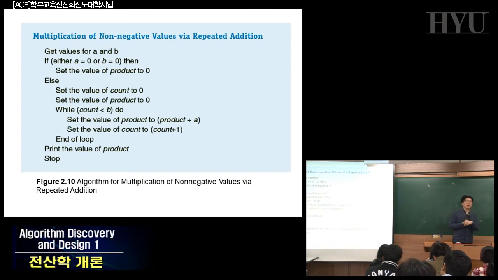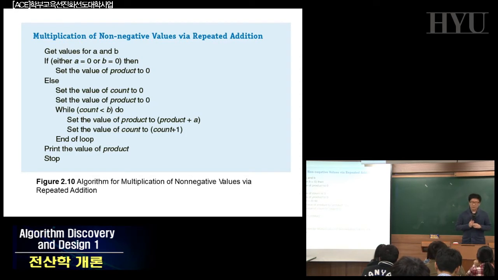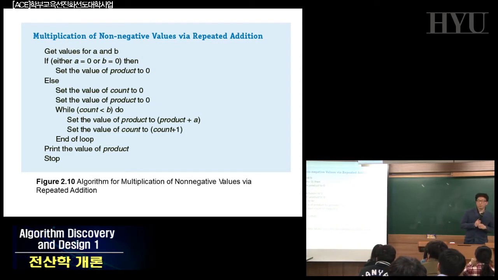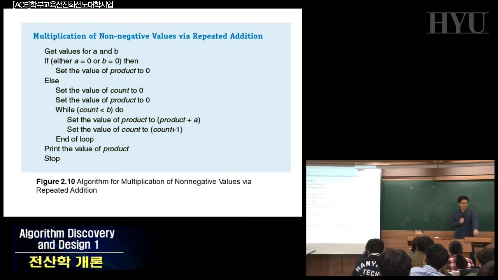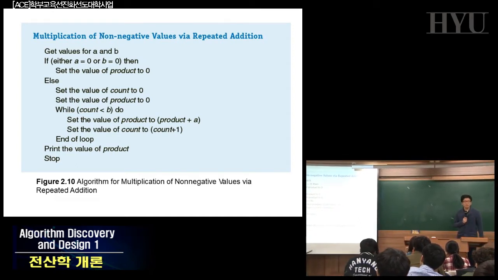In the next chapter, we're discussing that there could be many different pseudocodes or algorithms for the same problem, right? Even for this simple problem, if I ask around 50 of you to write it, I will probably get 50 different looking algorithms. They would do the same thing, but they all look different. So how do you determine which one is better than the other? How do you determine your algorithm is better than your friend's?